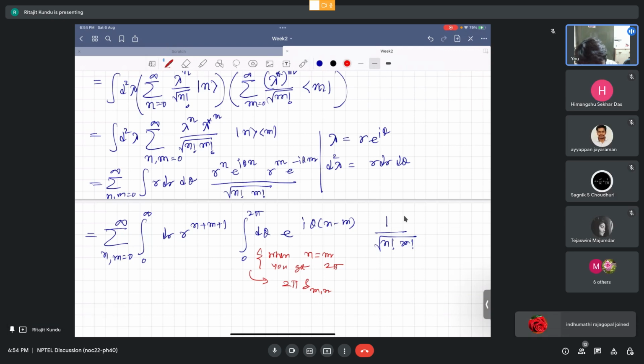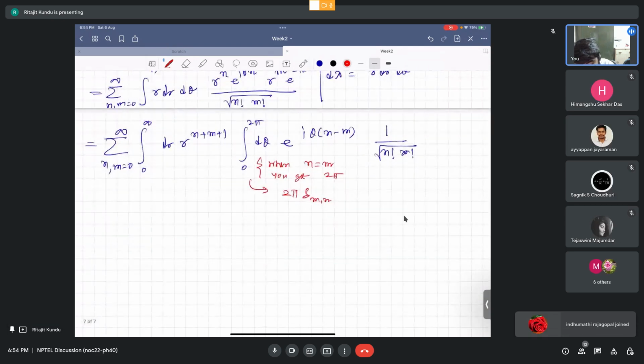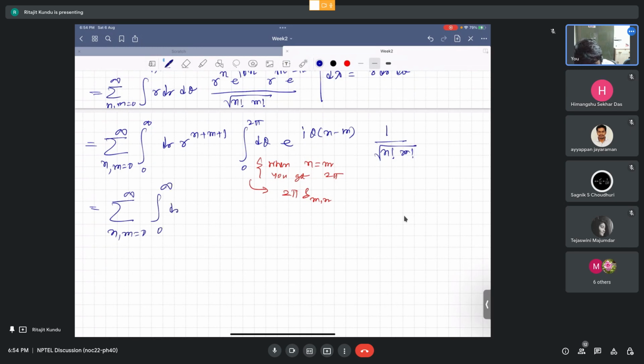Let's use this result. So n, m is 0 to infinity, there is integration 0 to infinity dr r to the power n plus m plus 1, and additionally there is also 2 pi and delta m comma n. This is a Kronecker delta.